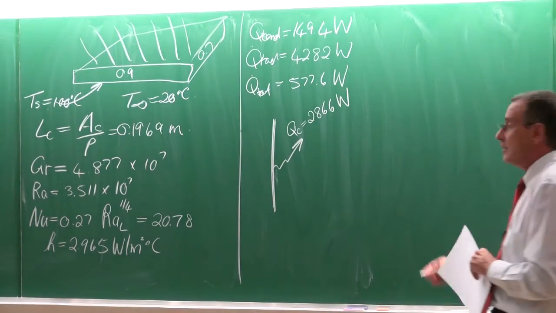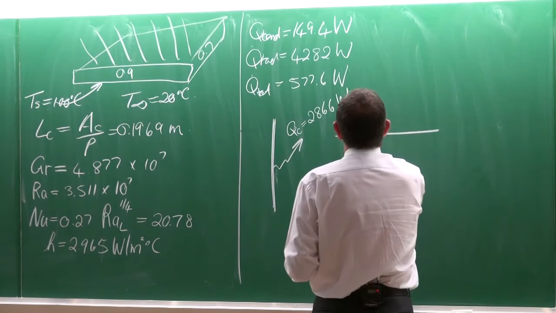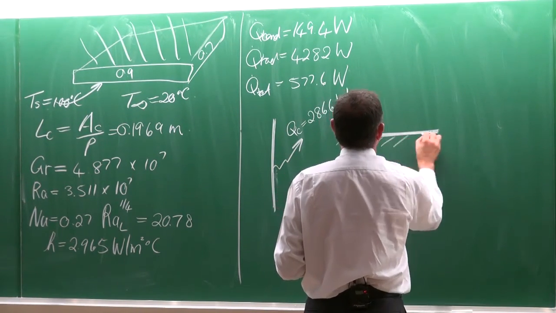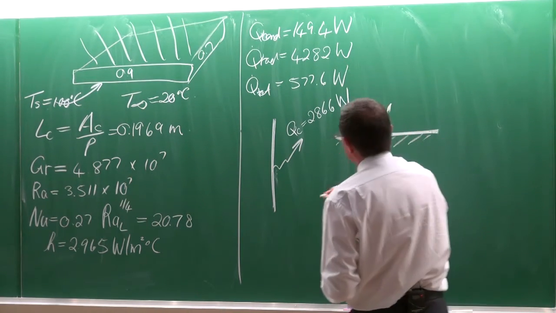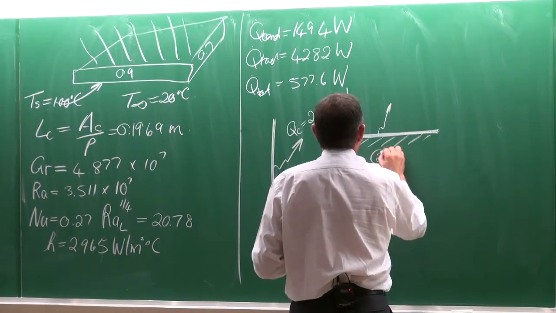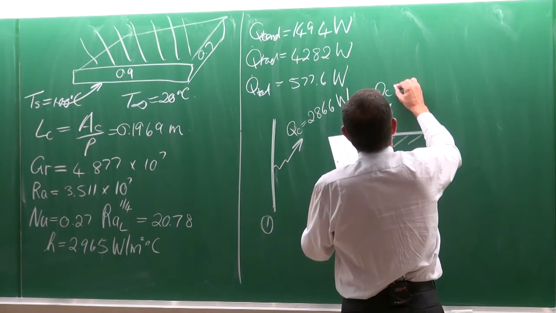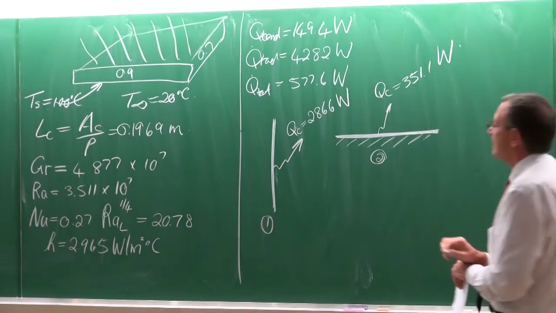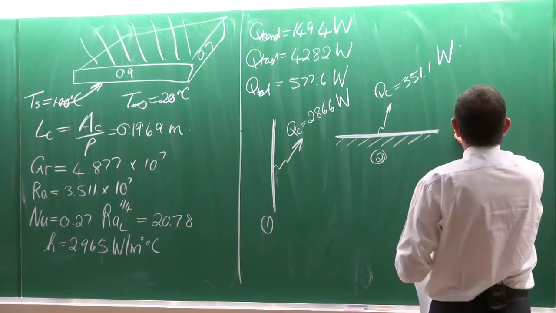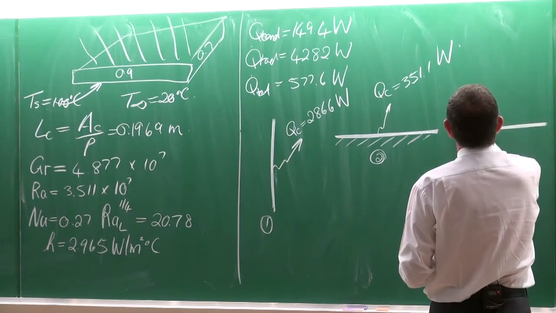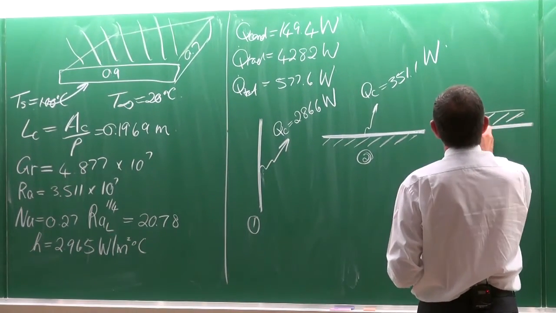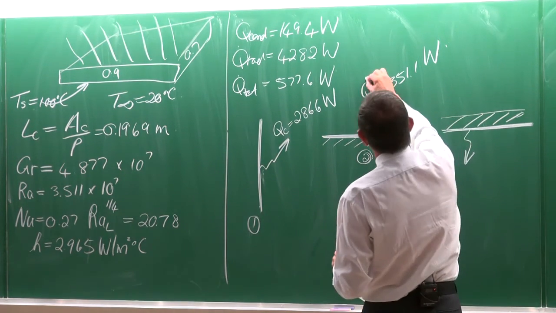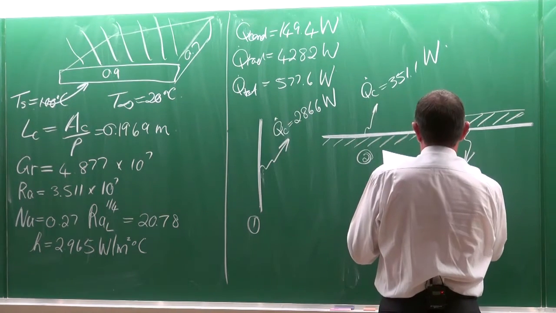For the case where the heated surface is at the top, that was case 1, that was case 2, the convection heat transfer rate was 351.1 watts. And then the third case was where the heated surface was at the bottom, and the convection heat transfer rate was equal to 149.4 watts.